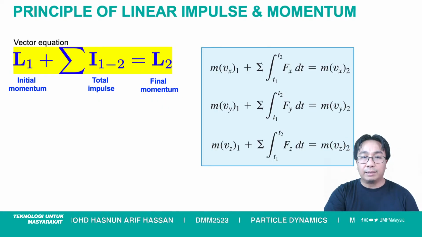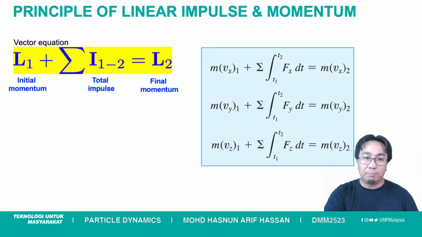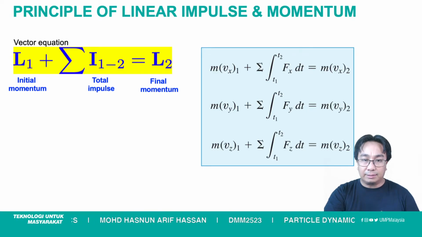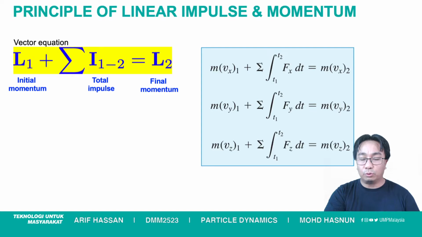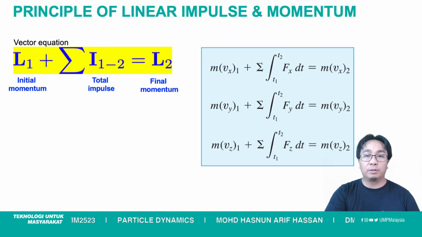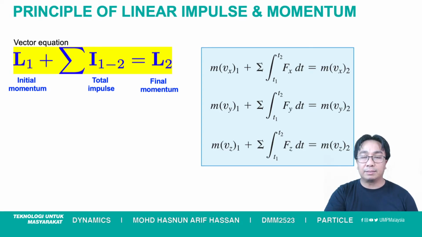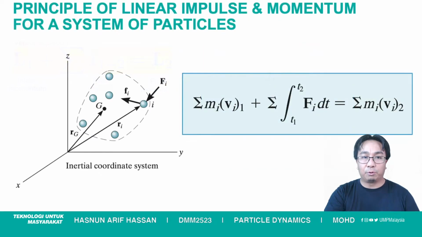We can write the principle of linear impulse and momentum in the x-axis, in the y-axis, and if we have a three-dimensional problem, in the z-axis. All right, so let's go to an example problem so that we can see how to implement this principle in solving related problems.